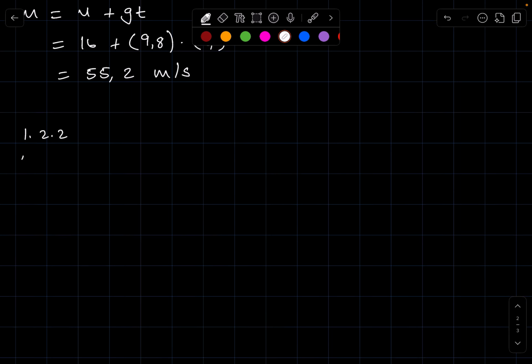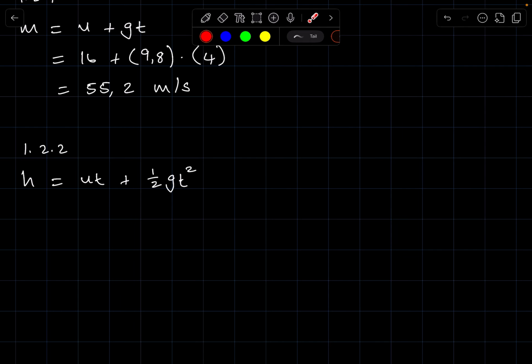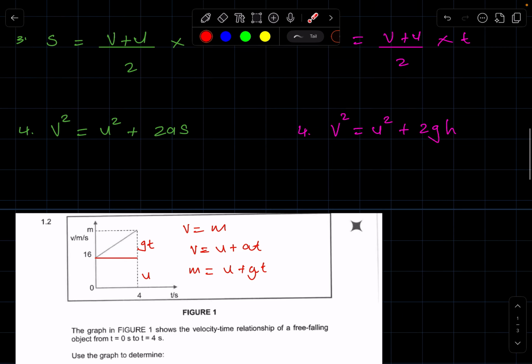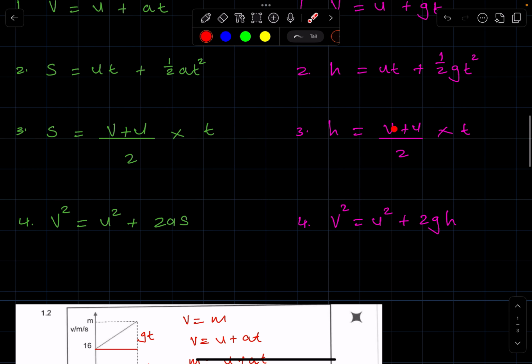So h is equal to ut plus half gt squared. We're able to make use of either one of those or both of them because in the equations we have u, we have t, we have g, so we can use this one. And then the second one, we have v. Remember, v here is expressed as m, and we've just calculated m.